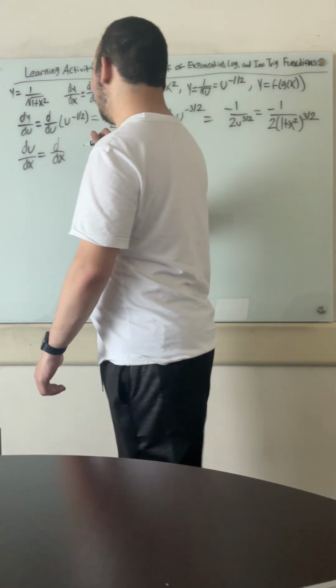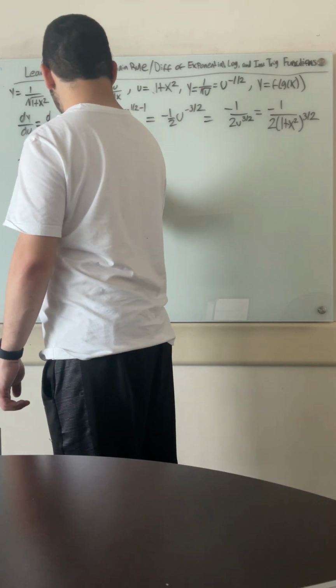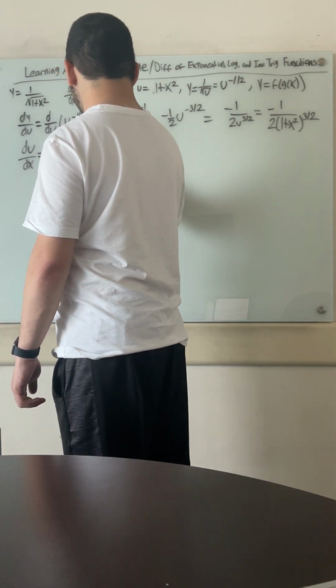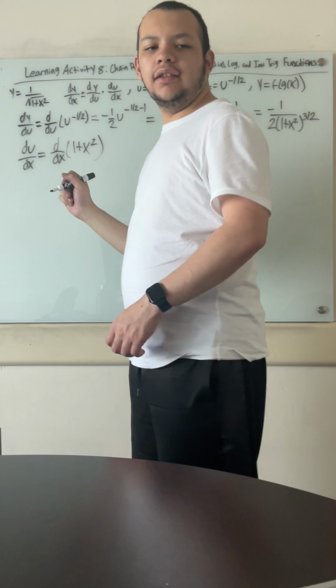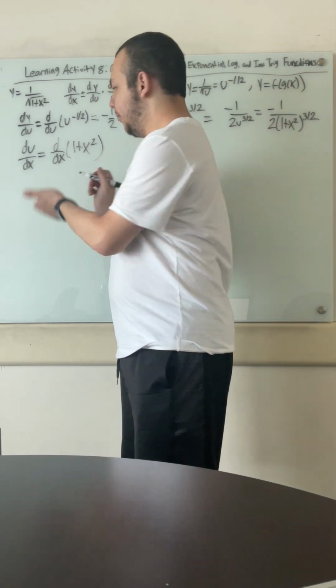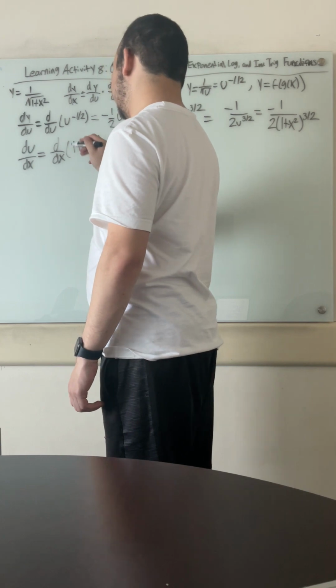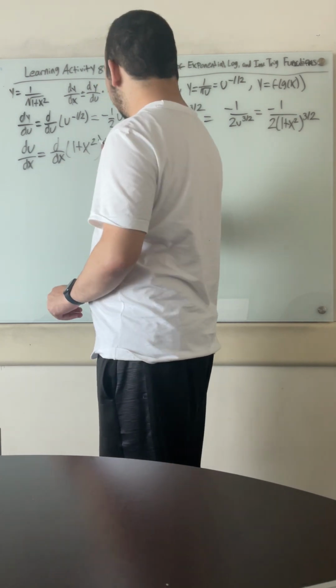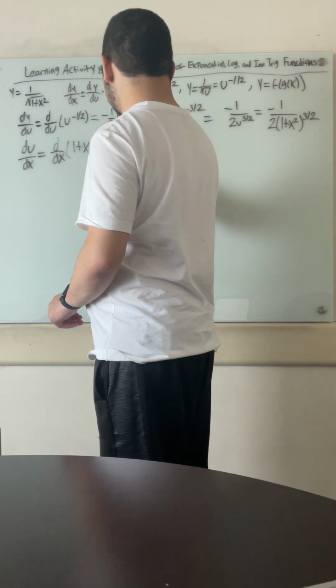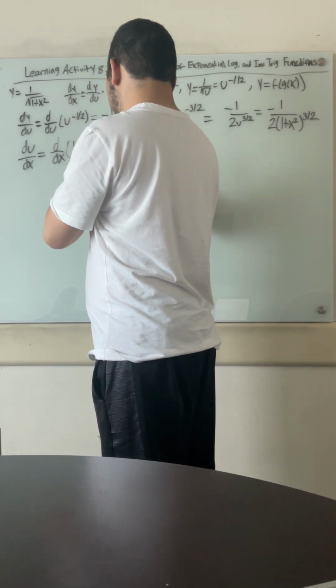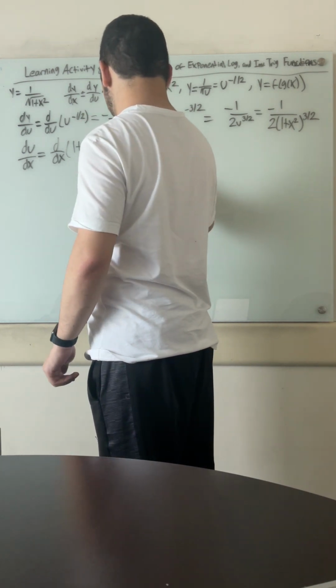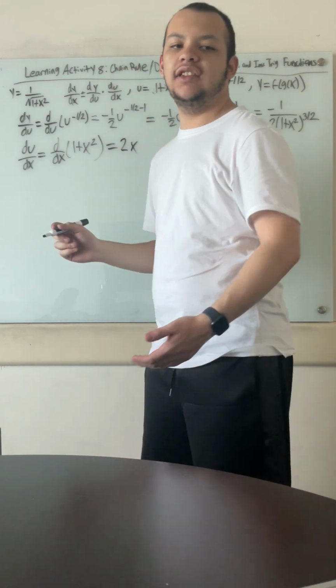So we have d/dx of 1 plus x squared. As you know, the derivative of a constant by itself is 0, and the derivative of x squared is 2x. So d/dx of 1 plus x squared is 2x. Now we have our du/dx.